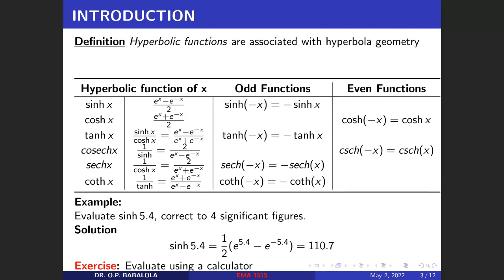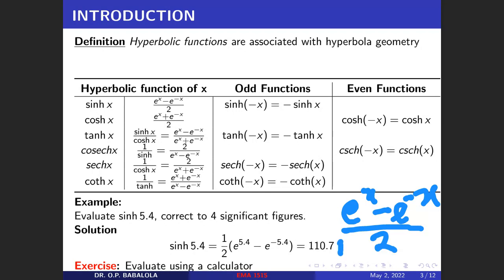The half, don't forget, when you look at the hyperbolic function, sinh is exponential x minus exponential minus x over 2. And that is where the half is coming from.